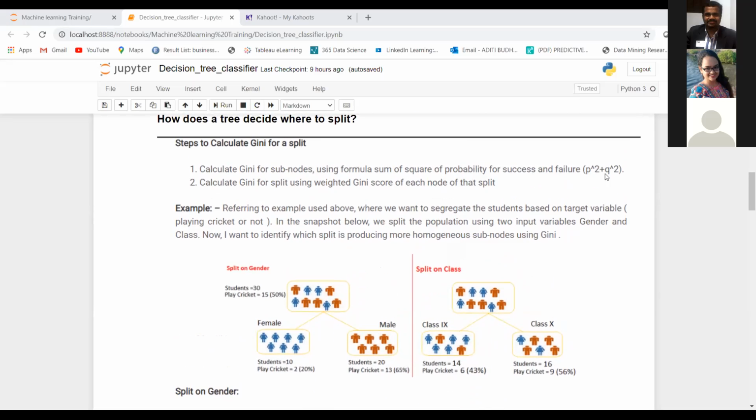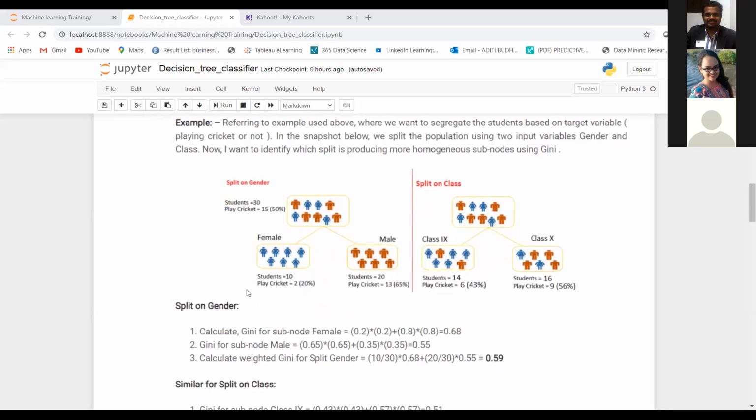This is the formula: it is nothing but the probability squared of that particular event happening, plus the complementary probability, that is 1 minus p, which is nothing but q, squared. This is the simple formula by which we can calculate the Gini, right?